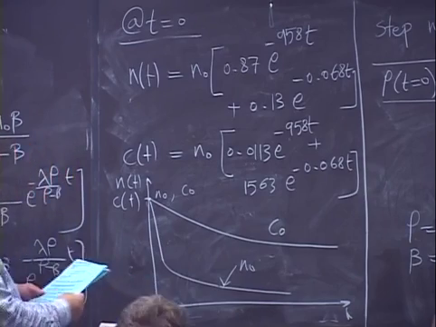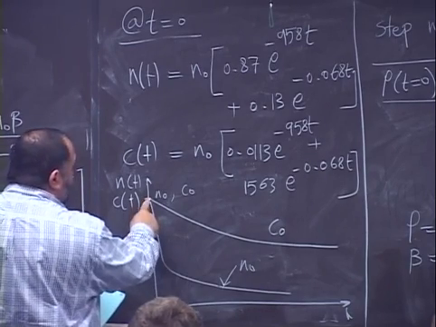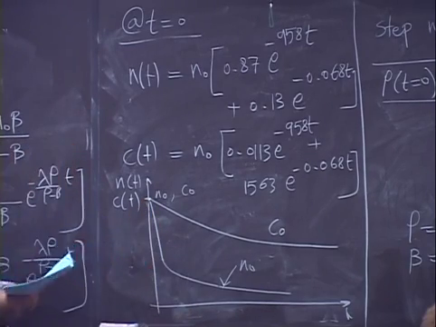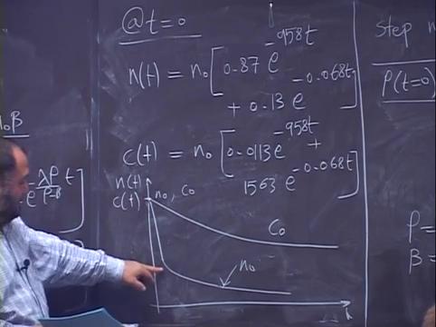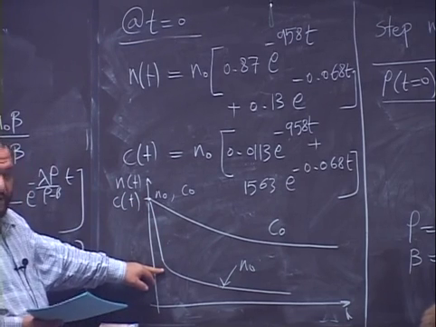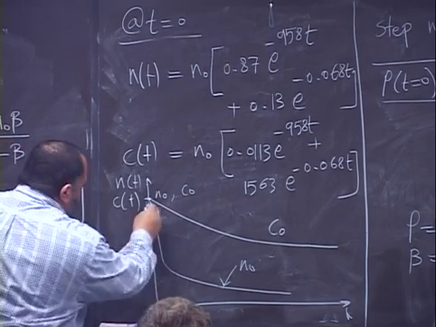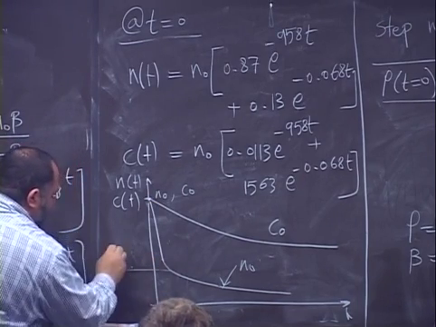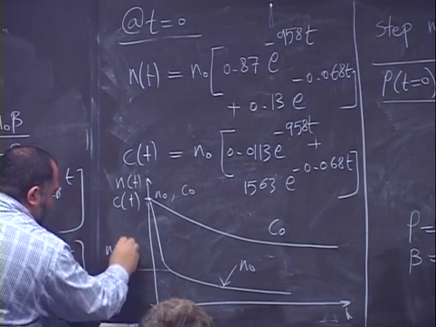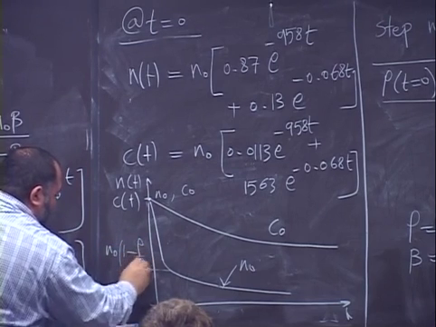So you will go from n naught to n naught multiplied by 1 minus rho over beta.